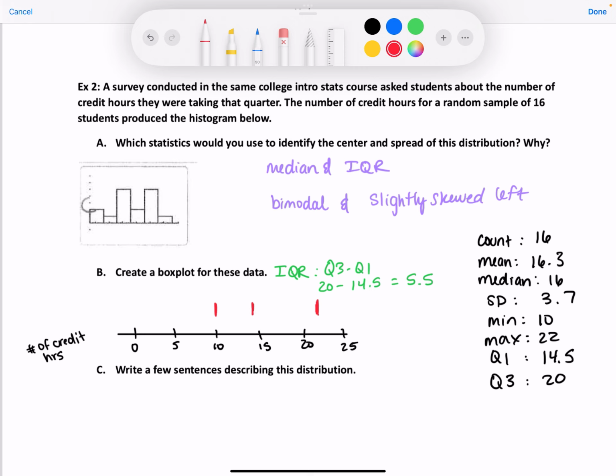Median is at 16. And Q3 is at 20. So, something like that.